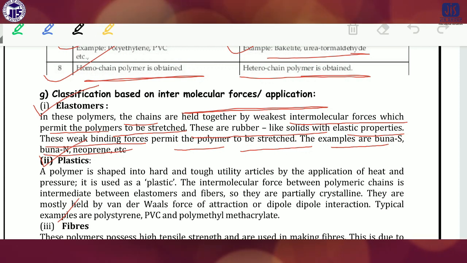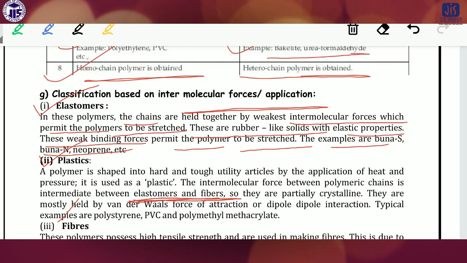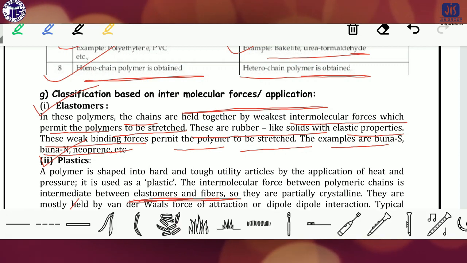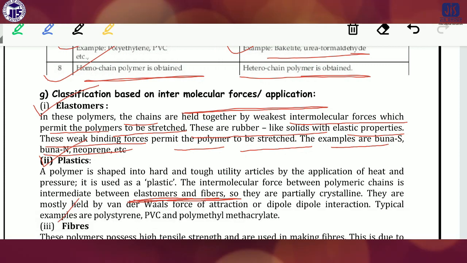The intermolecular force between polymeric chains is intermediate between elastomer and fiber. So you have to keep in mind that in case of plastics, the intermolecular force is in between the elastomers and the fibers.